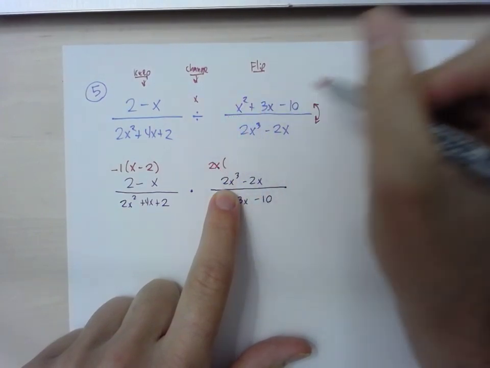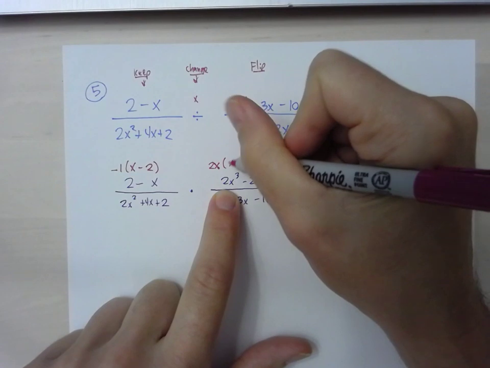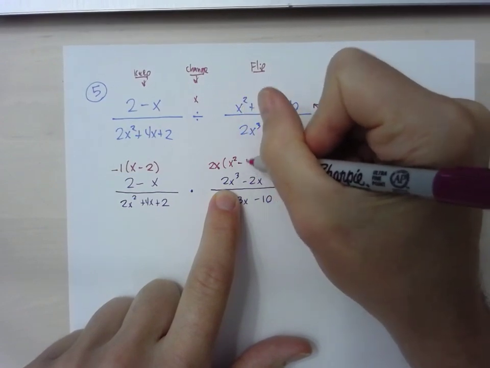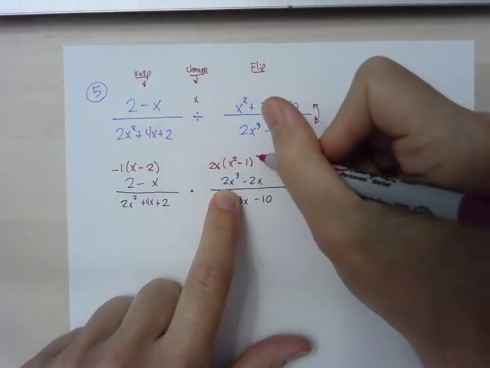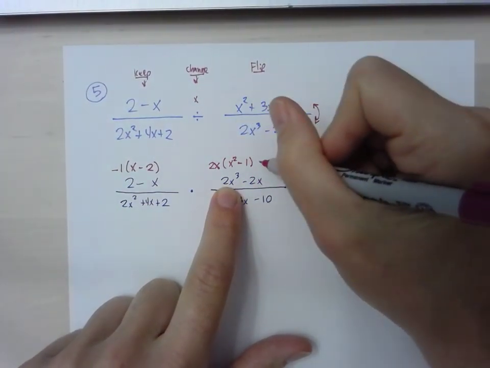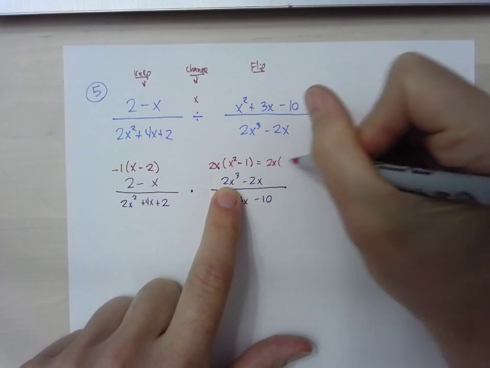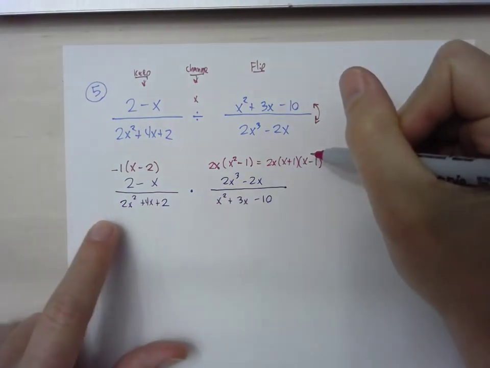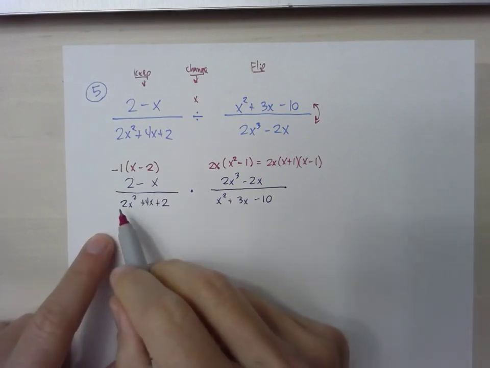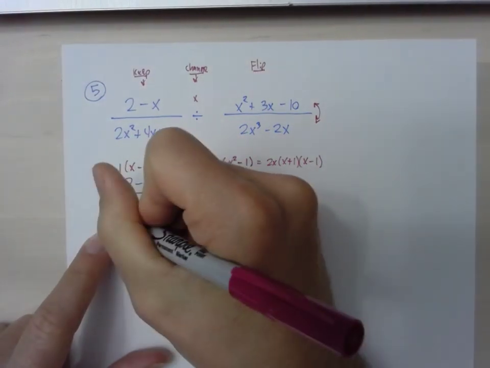So that's going to give me x squared minus 1. And x squared minus 1 can further factor to x plus 1, x minus 1. So that's going to be 2x, x plus 1, x minus 1. This has a GCF as well of 2.